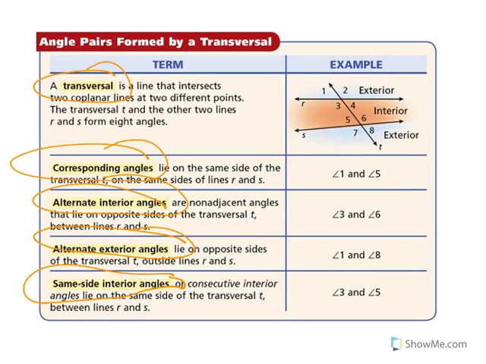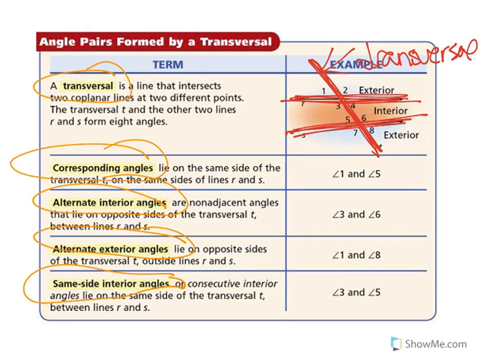So a transversal is when you have two lines and a line that cuts through both of those lines, and that line is the transversal. The one that intersects the two lines. Okay, that's your transversal.